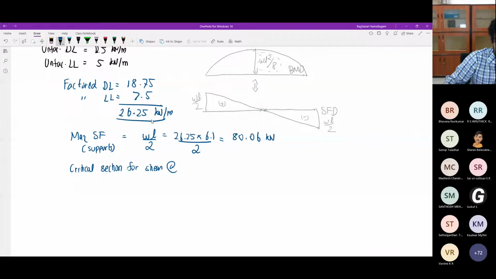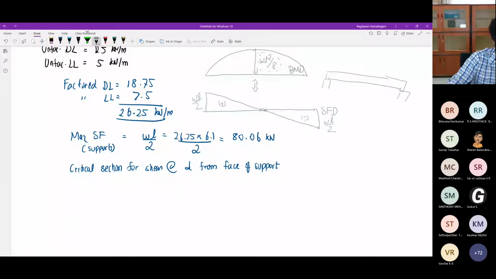So this clear span, so our beam is like this. If this is our beam, my clear span was 5.7. This to this is 5.7.